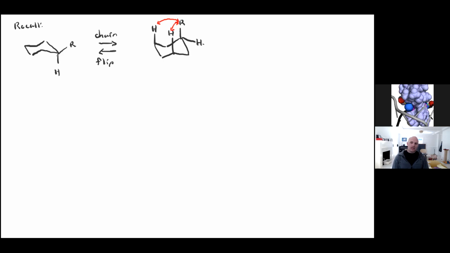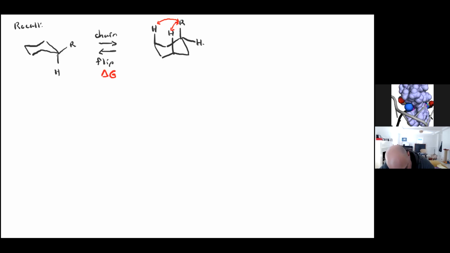And so that interaction is destabilizing. It imparts an energy difference to the two conformers. And the degree to which this increases is going to be defined as the A value.